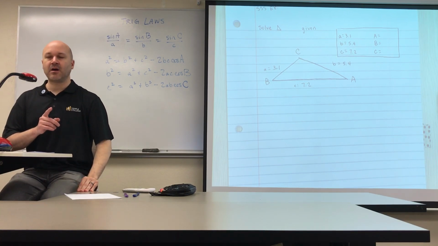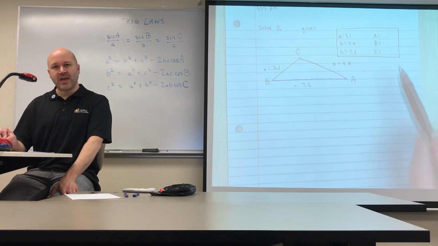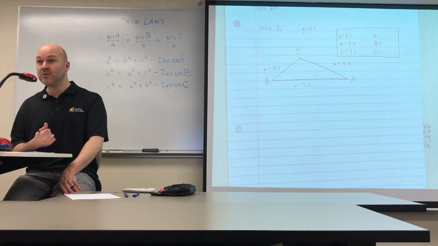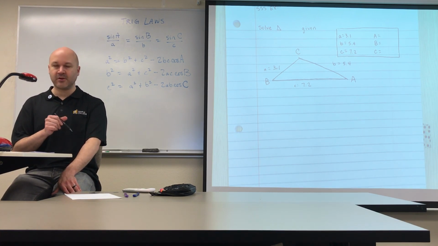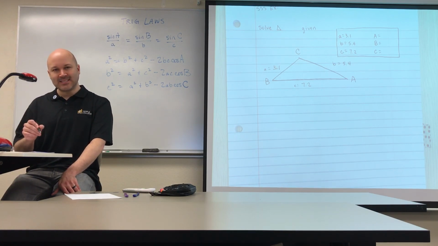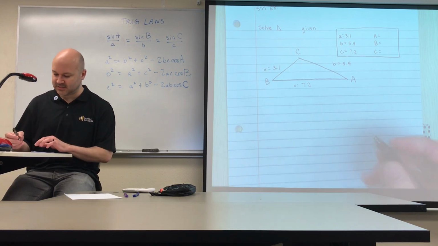Now there is something to note here. When I don't know the angles, there's this possibility that I might have an obtuse angle, and those can be misleading, especially if we're using a calculator. So it's safe in the SSS case to always go after that obtuse angle first if it exists.